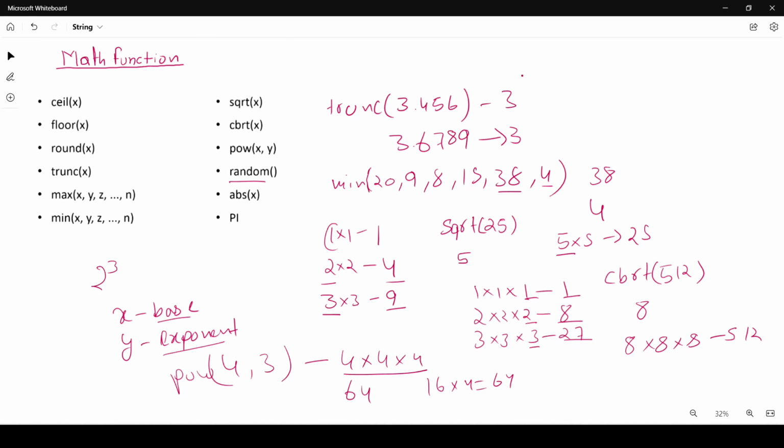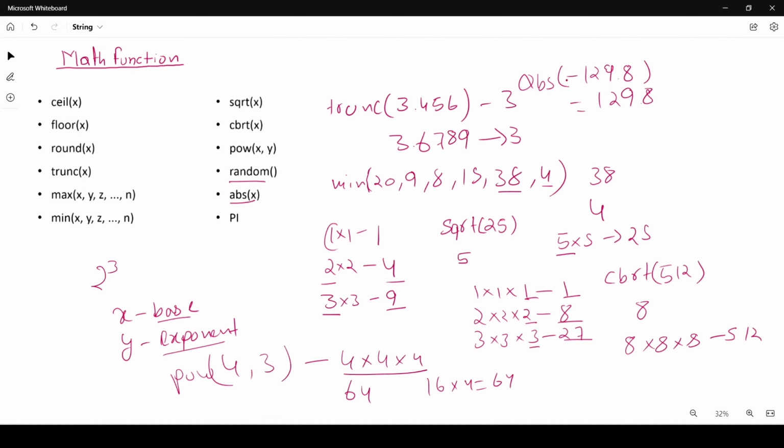It will give us by default a decimal value, 0 point any random value that it picks. Okay, and after that we have the absolute value. Absolute means if we provide minus 129.8 to abs, it will give us 129.8.